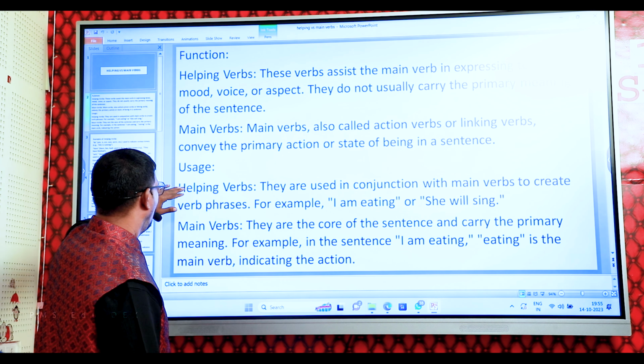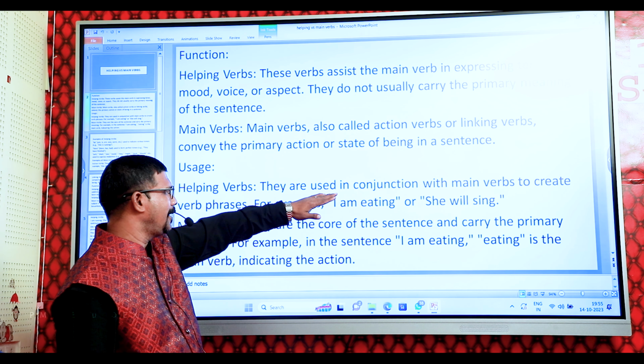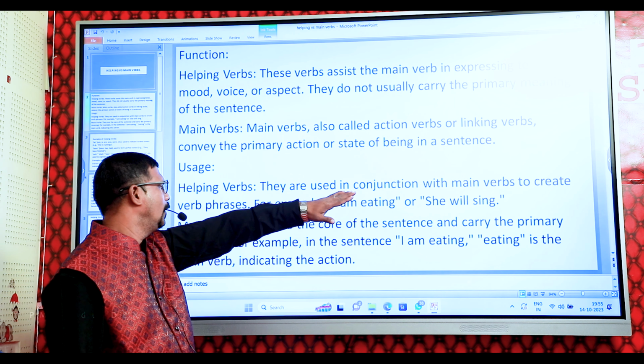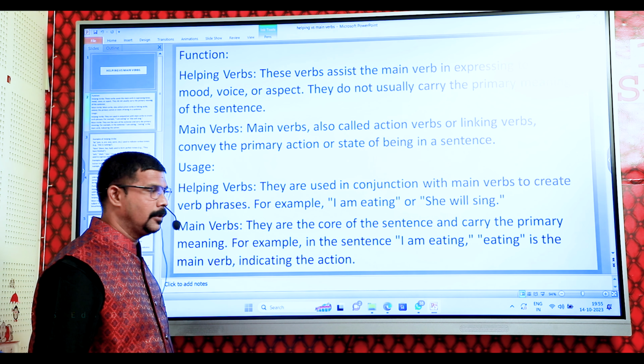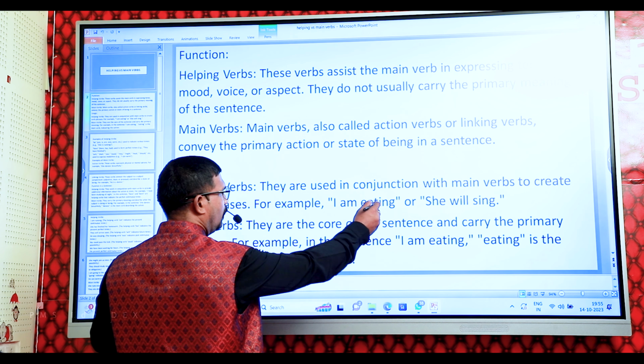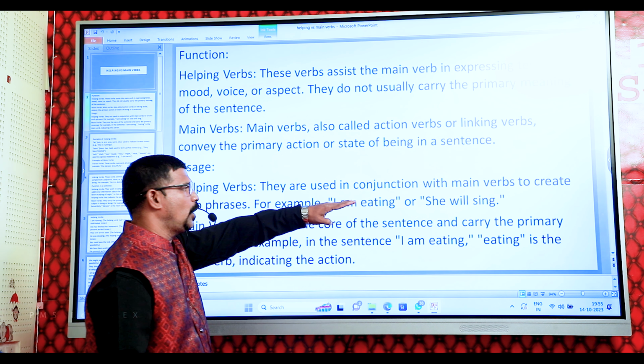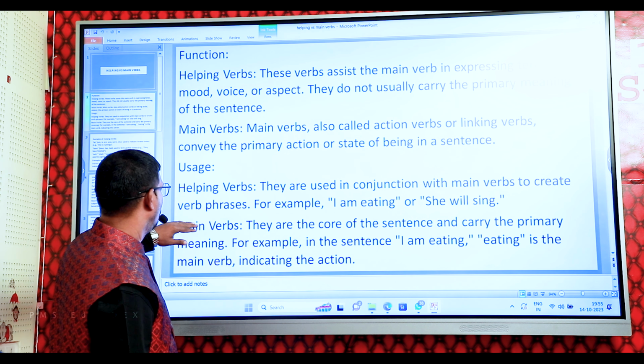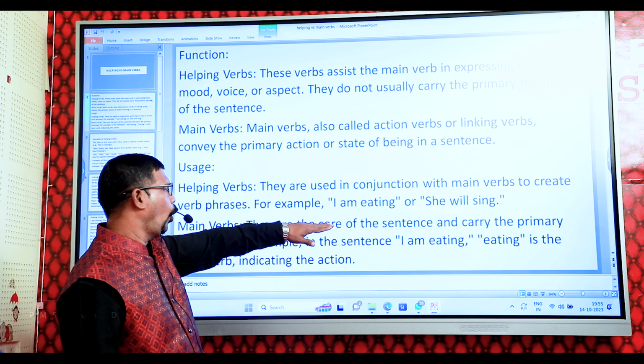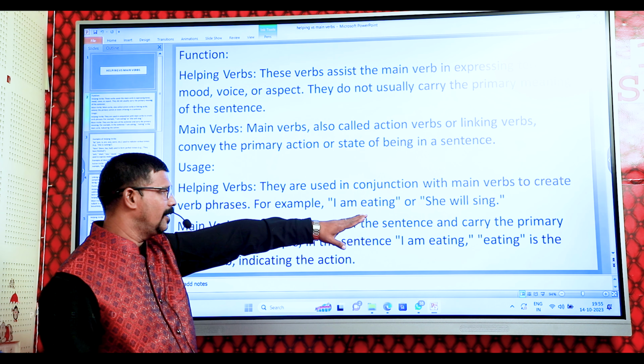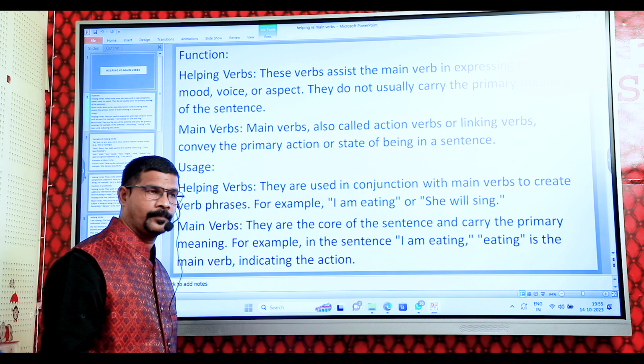Usage. Helping verbs are used in conjunction with main verbs to create a verb phrase. For example, I'm eating or she will sing. Main verbs are the core of the sentence and carry the primary meaning.